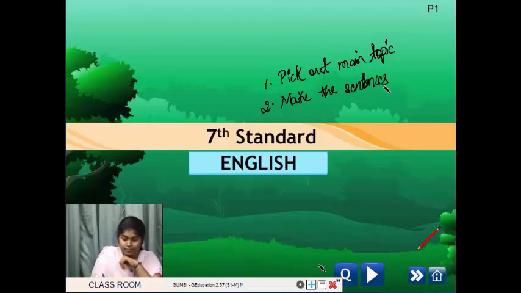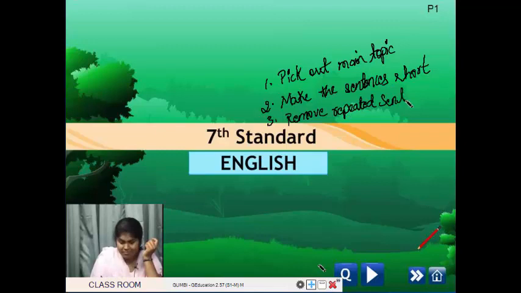Every sentence you can't make short. Then you should do what ma'am told you now: remove repetitions. If some word or sentence is repeating, then it simply becomes big. So whatever is repeating, you remove all that.